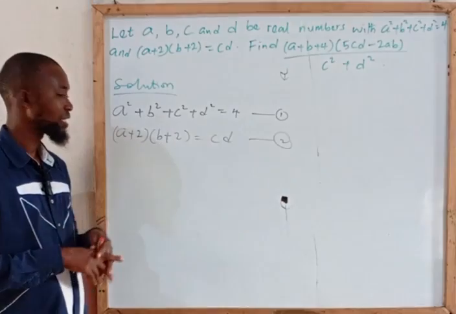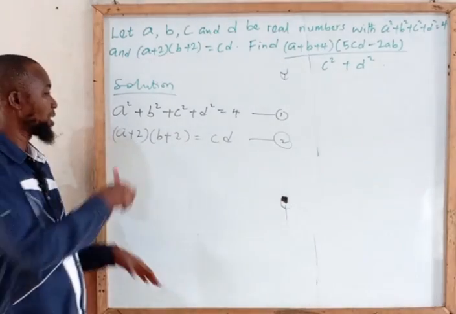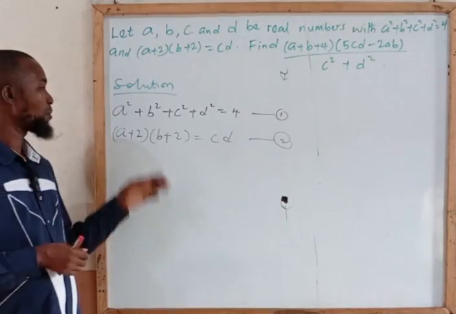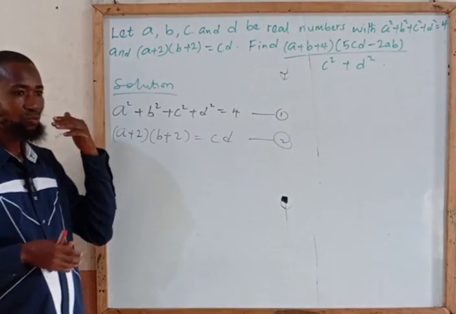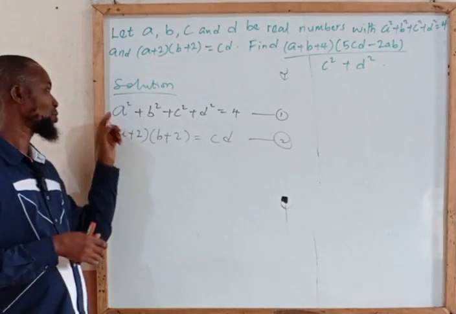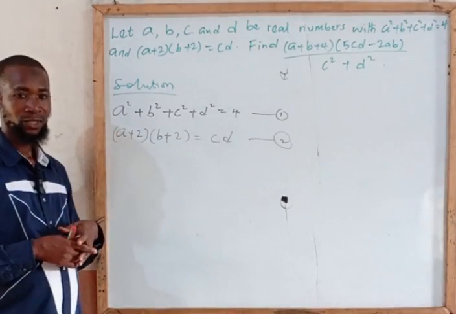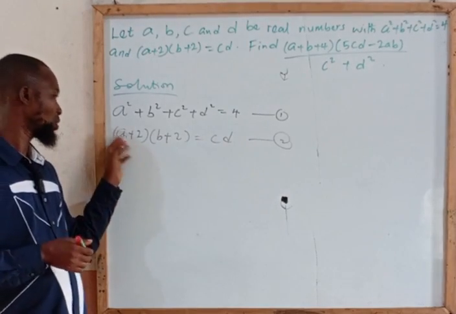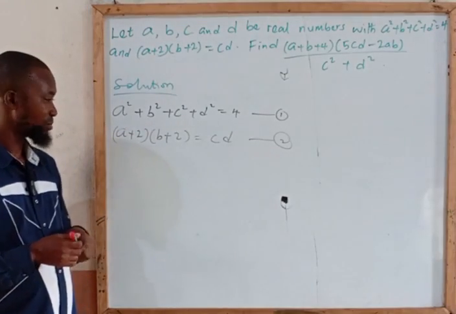Since we don't have that, it is a call that this second equation still needs to be adjusted. When it is adjusted, we want to relate it to the identity that talks about the square of some number. But we need to adjust this one first. In order to adjust it, we are going to open this bracket.